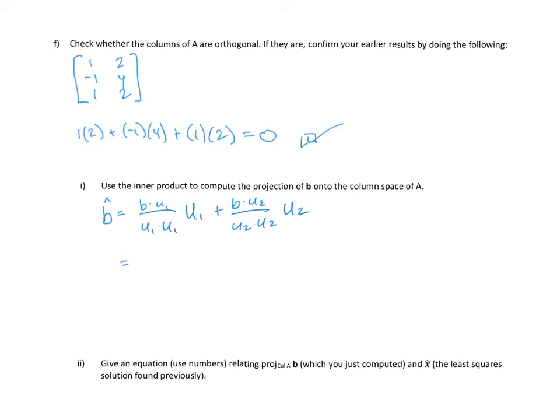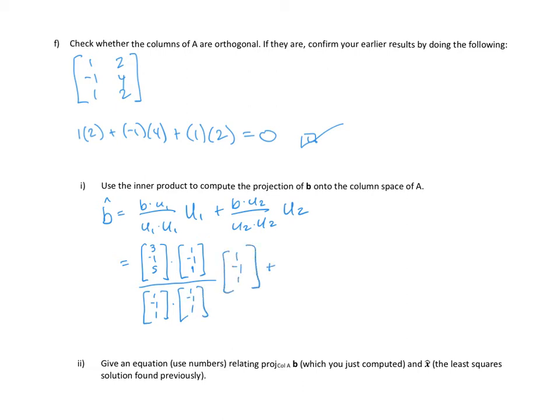So B is 3, -1, 5, dotted with U1, 1, -1, 1, over 1, -1, 1 dotted with 1, -1, 1, times 1, -1, 1.